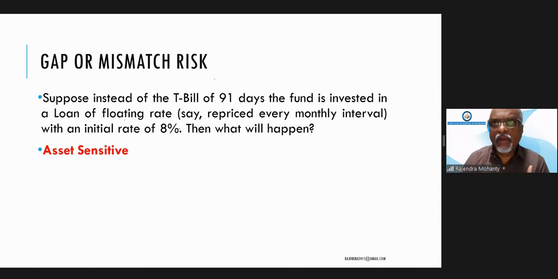Okay, so if the rate of interest here is increasing, then what is happening to the difference? NII will increase, and if the rate of interest decreases, NII will decrease similarly. Okay. Yes, sir.